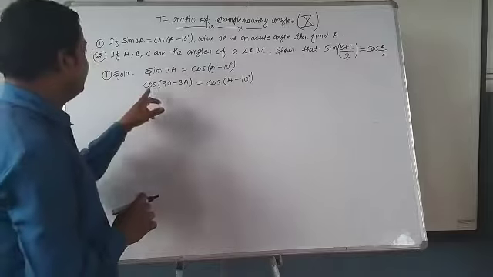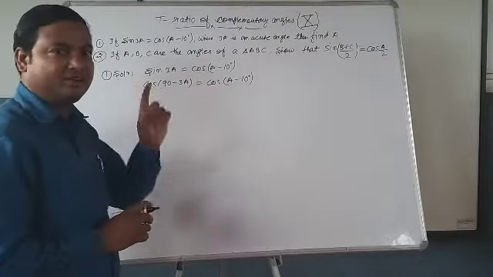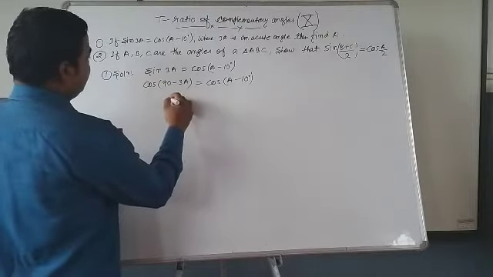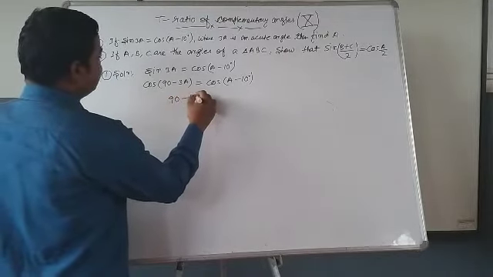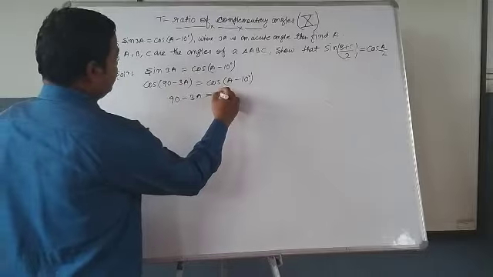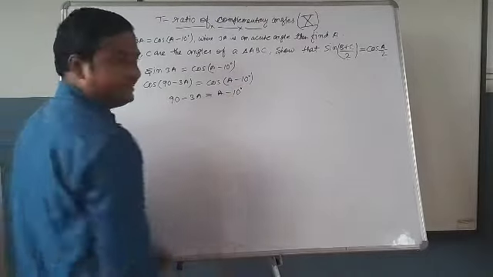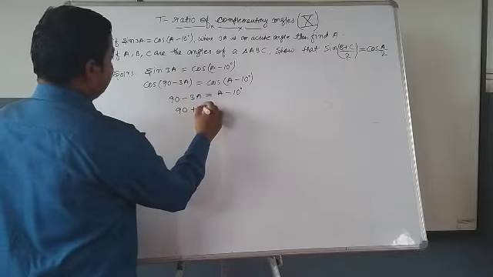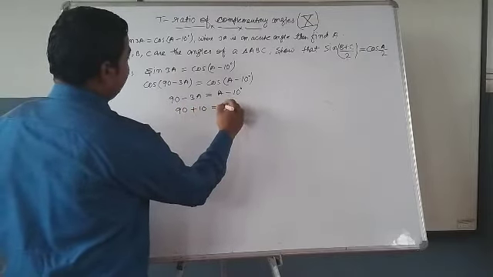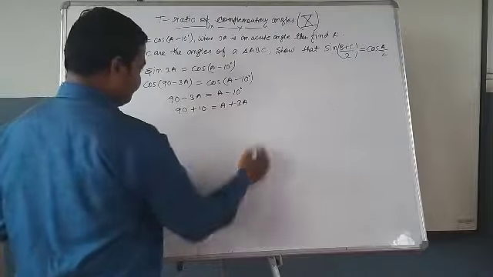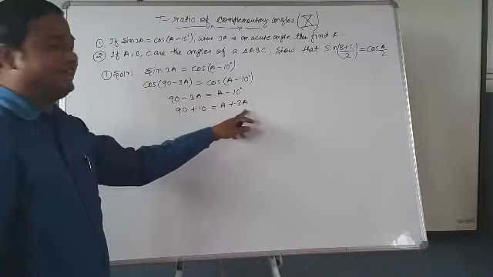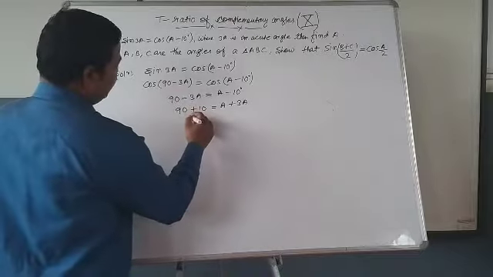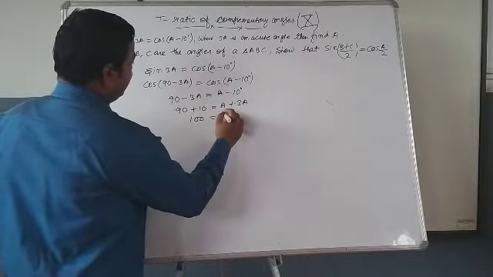Now look, here is cos, here is cos, so cos cancels on both sides. What is left? 90 minus 3a equals a minus 10 degrees. Now 3a goes to the other side, and 10 comes here: 90 plus 10 equals a plus 3a. So 100 equals 4a.